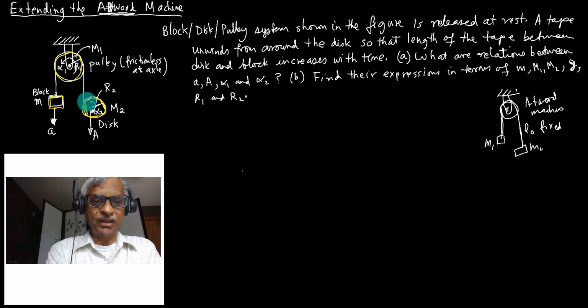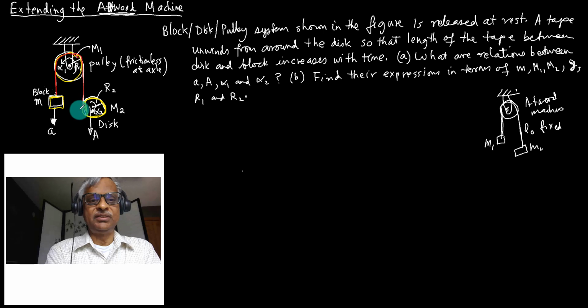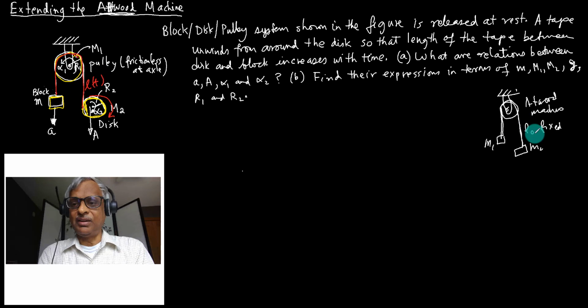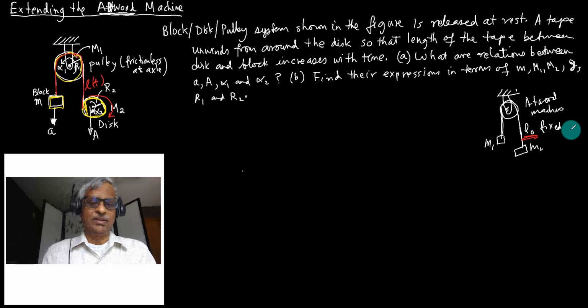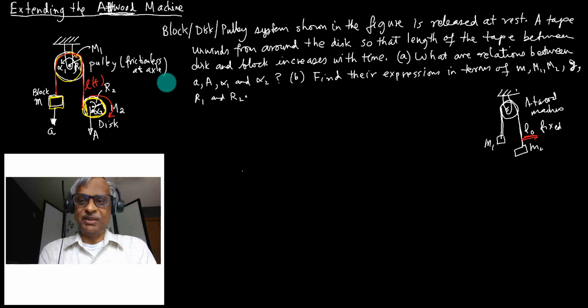It can unwind, and so the length of this tape can change as it unwinds. So this L is a function of time, unlike over here. So some of the quantities will be related a little differently here.